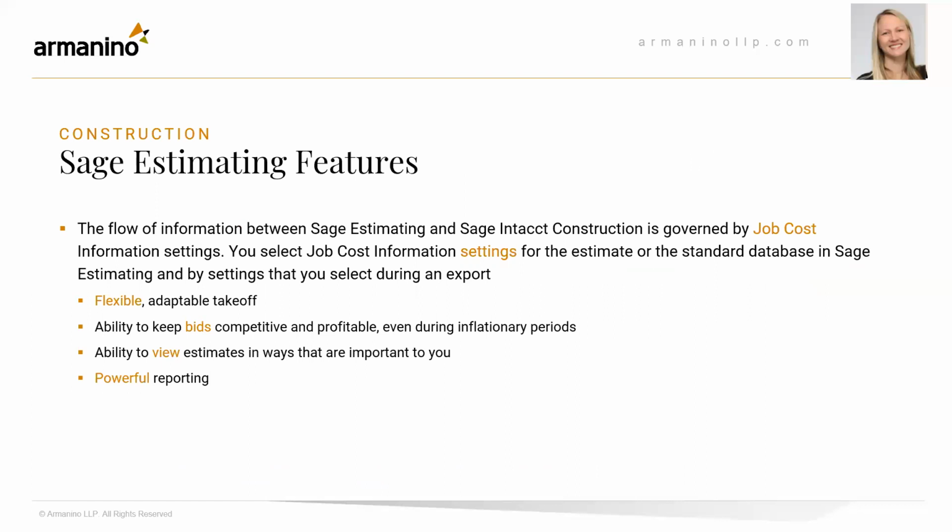By setting up those settings that you select during an export, it'll help with flexibility. It'll allow your bids to be more competitive and profitable, even during these periods where we're seeing high inflation. You also get the ability to view estimates in ways that are important to you, and it does make your reporting more powerful.